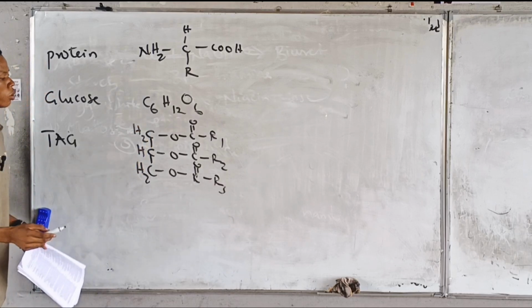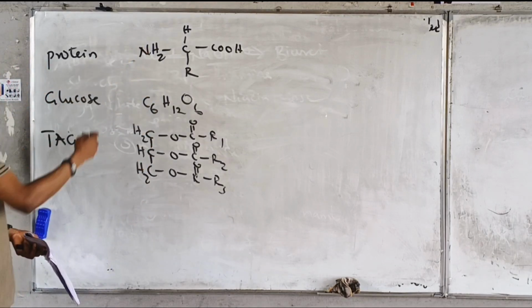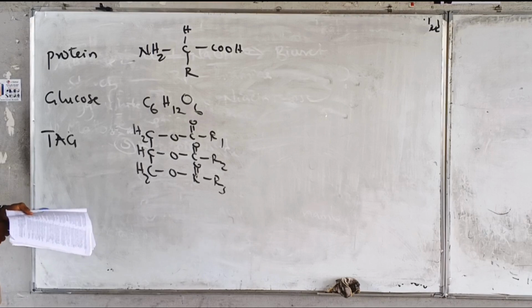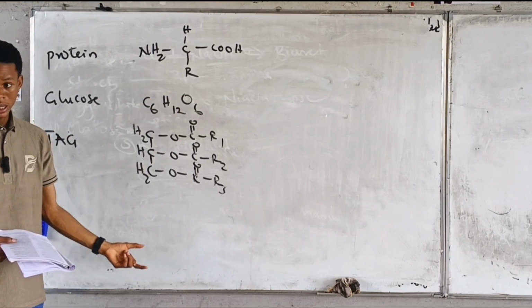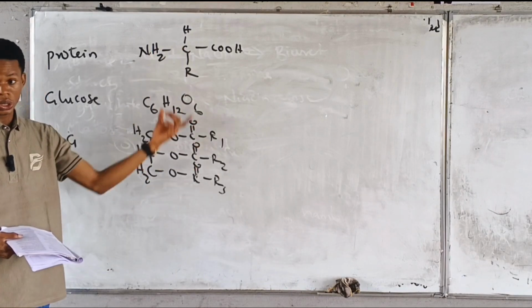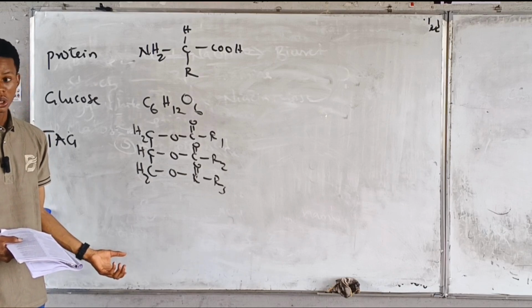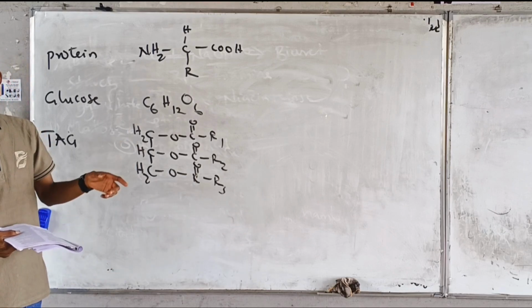This triacylglycerol. If you look at this, what is common among all these things? Carbon is present, right? Hydrogen is present, right? Oxygen is present, right? Is it not? But from the options, what is there?